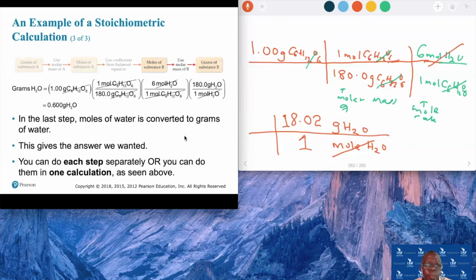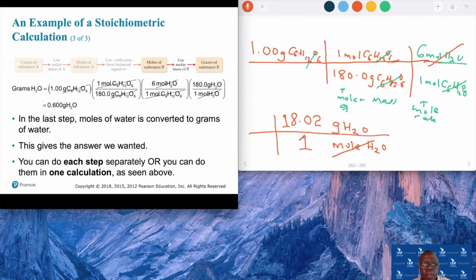And lastly, using the molar mass of H2O, this is the grams of H2O that will be produced when 1 gram of glucose is consumed. Remember the rule of significant figures: because we had 3 significant figures in 1.00 given in the first problem, we also need to record our final answer with 3 significant figures. Any question on this mass to mass?